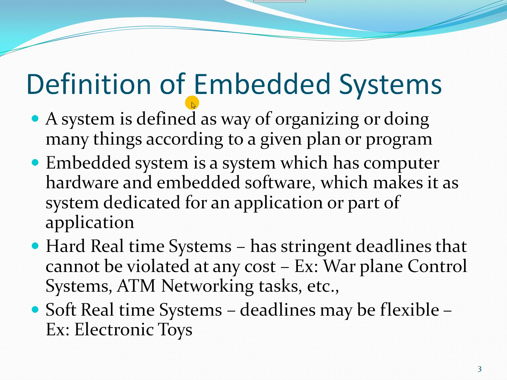So if a program or plan is given, the system will organize itself and do whatever has been planned or programmed. So an embedded system is computer hardware in which the computer software is embedded, that is, installed. These two together work as a system for a dedicated application.